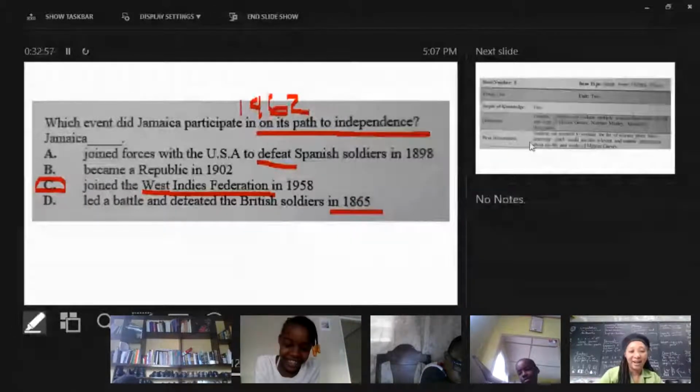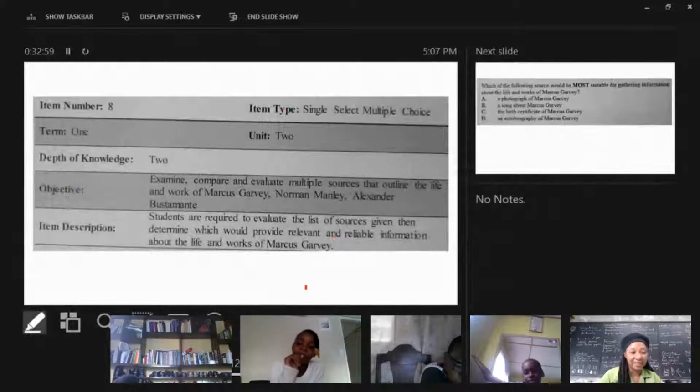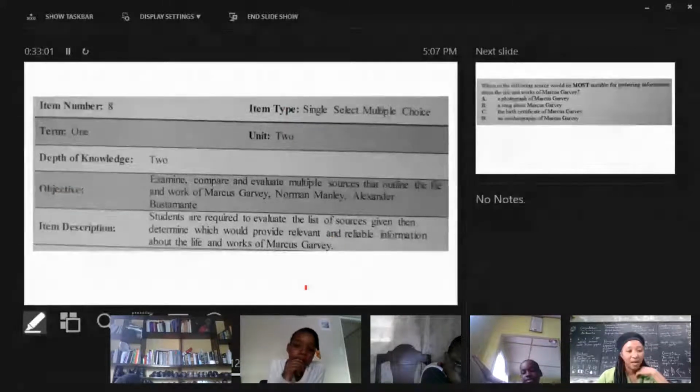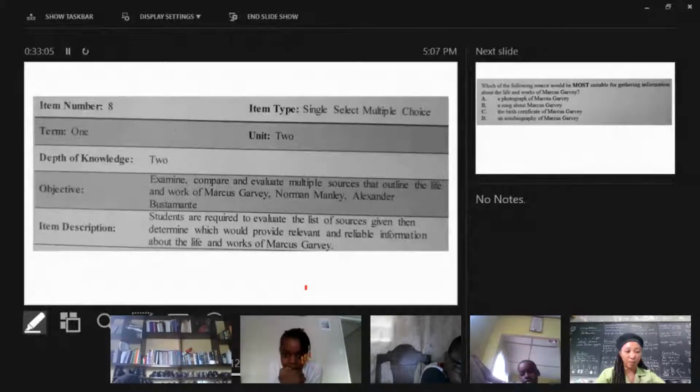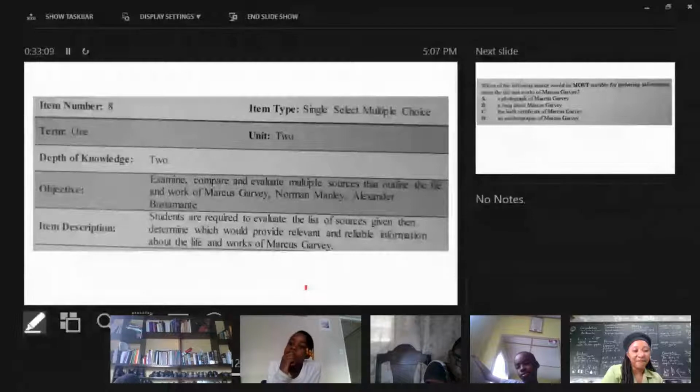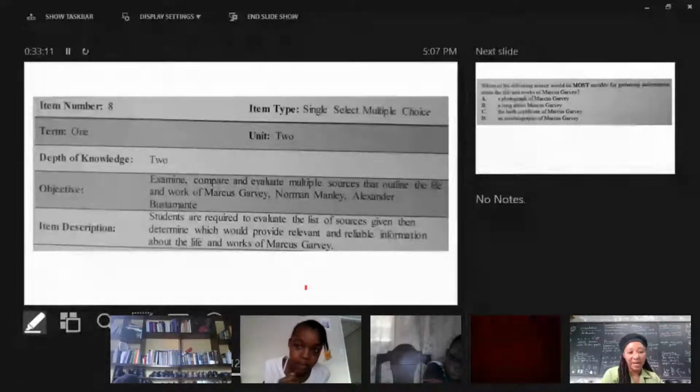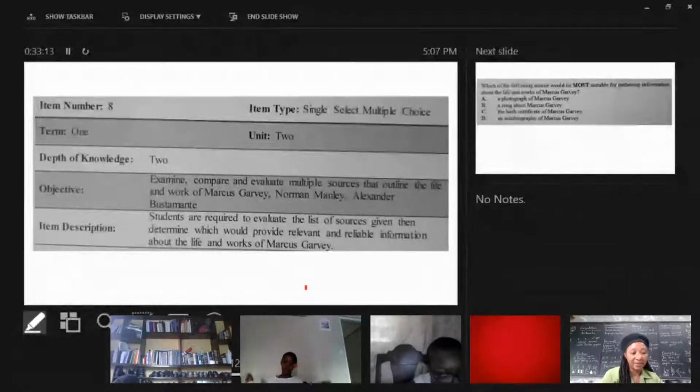Yes! All right, so for item 8, the objective is to examine, compare, and evaluate multiple sources that outline the life and work of Marcus Garvey, Norman Manley, Alexander Bustamante.